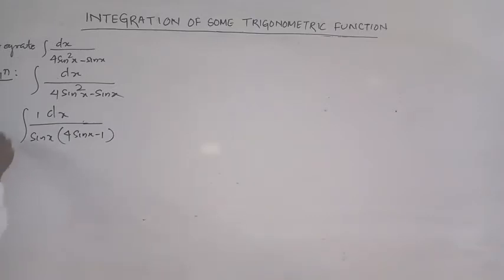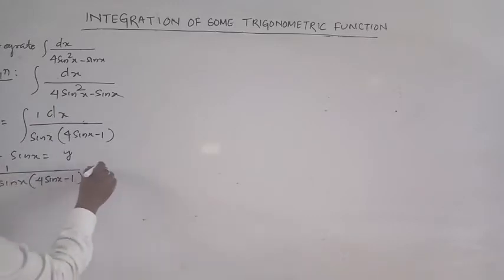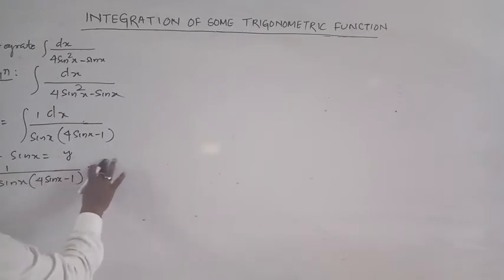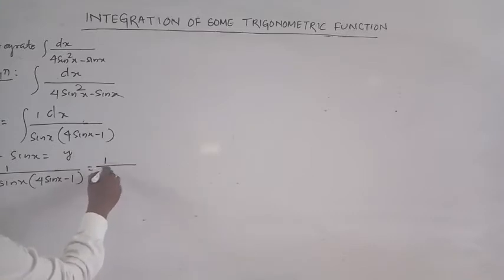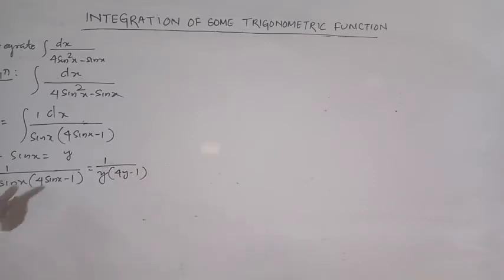So let sin x is equal to y. So 1 by sin x into 4 sin x minus 1 is equal to 1 by y into 4y minus 1. Let's make this partial fraction.